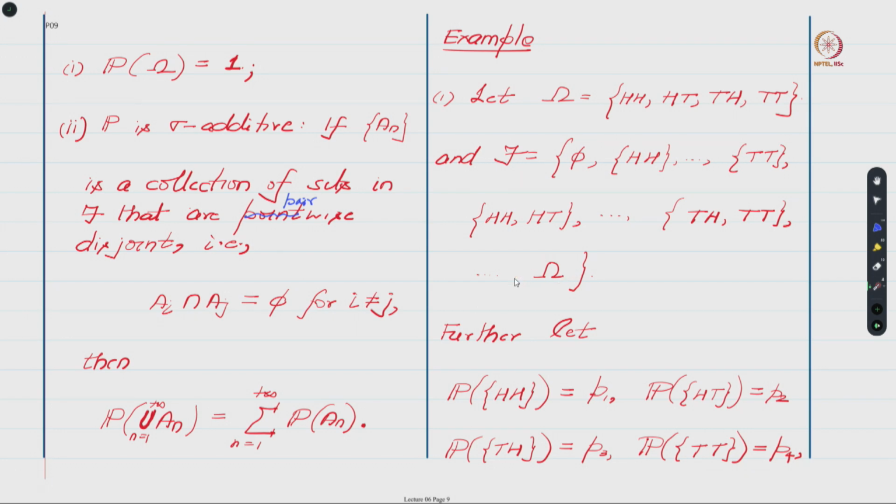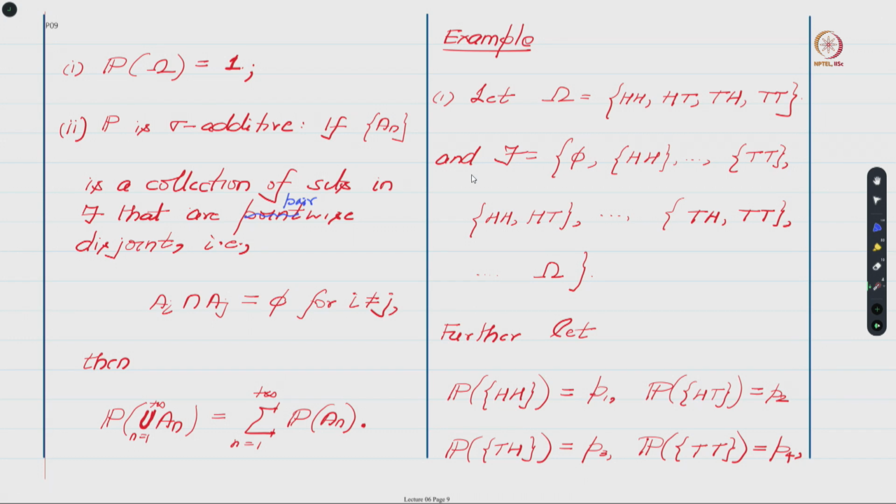So in that sense your calligraphic F is the power set of omega, and this F is trivially a sigma field. Now we want to define a probability measure on calligraphic F, which means I have to assign some value to every element in this collection.